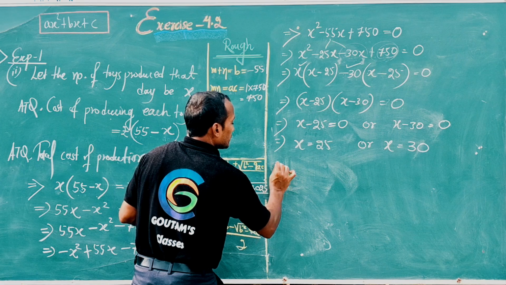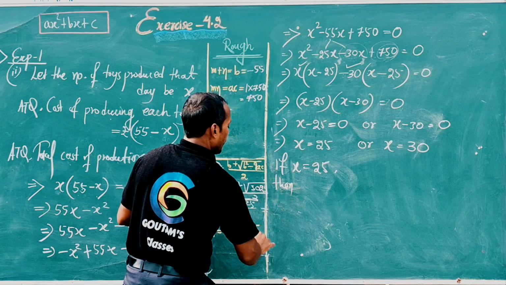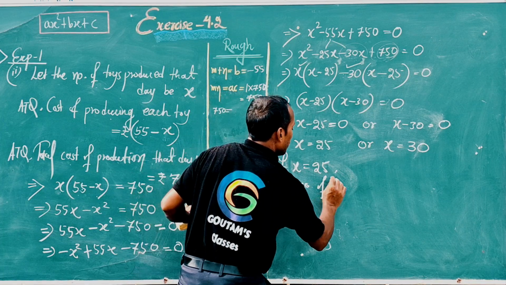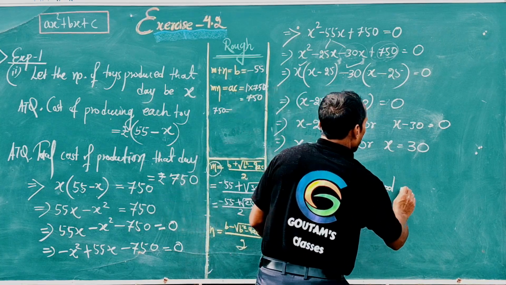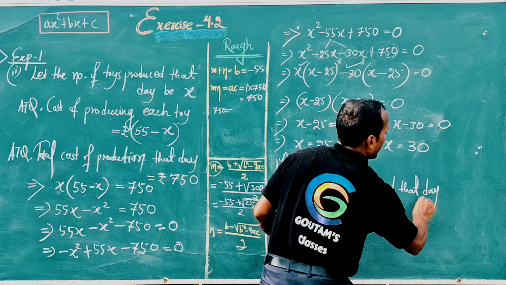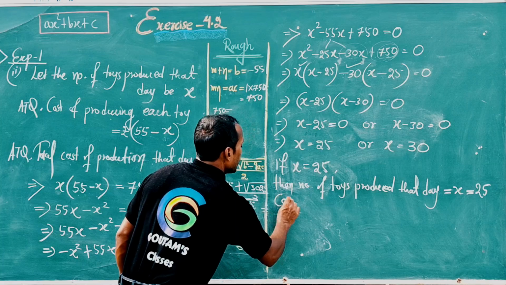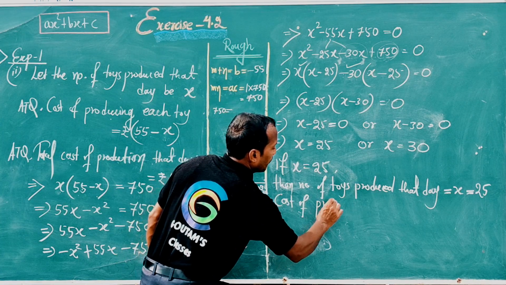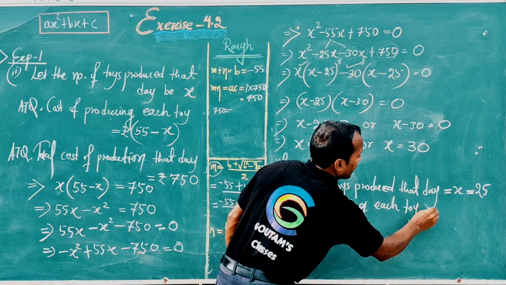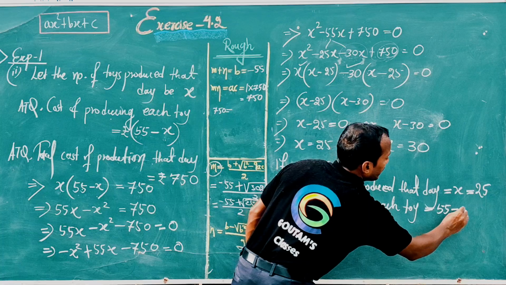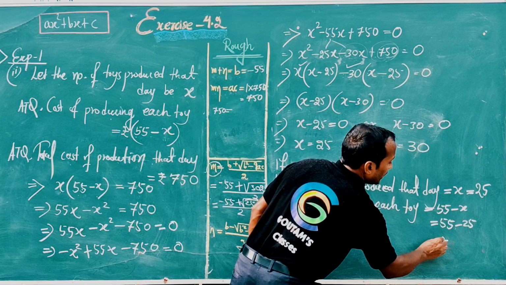Let me write here. If x is equal to 25, then number of toys produced that day is x, means 25, and cost of producing each toy will be 55 minus x, means 55 minus 25 means rupees 30.